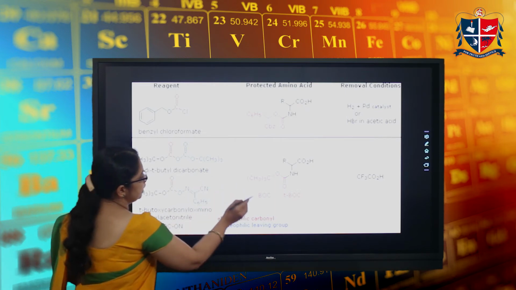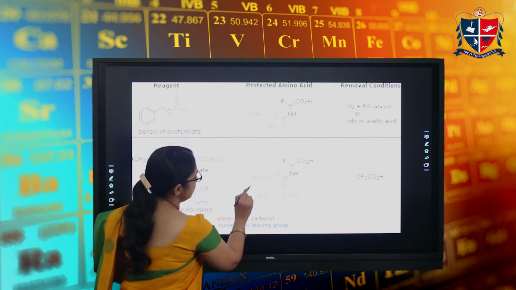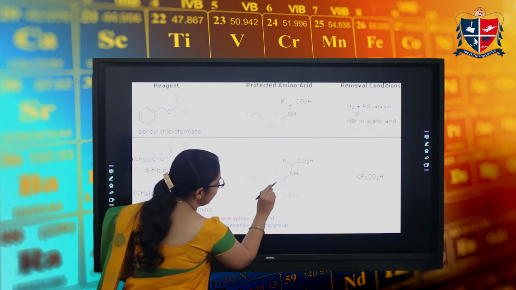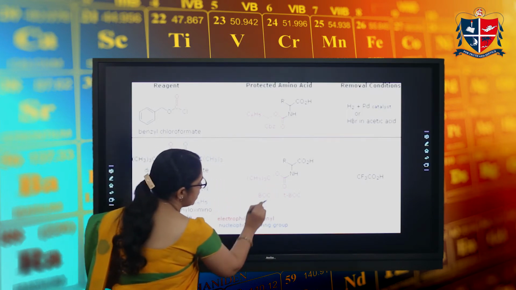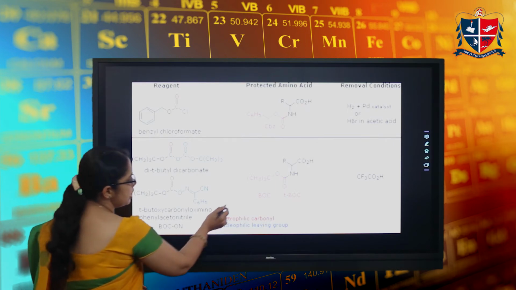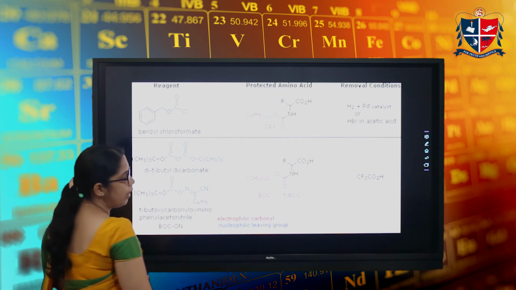And similarly, this is again a protected amino acid, and here the group introduced is tertiary butyloxycarbonyl, generally called BOC. Tertiary butyloxycarbonyl is a group introduced for protecting the NH2 of the amino acid.